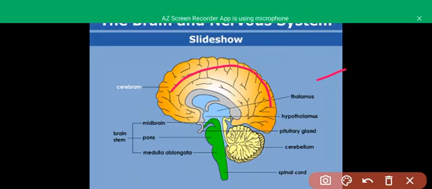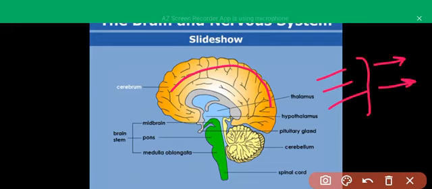It also controls the activity of skeletal muscles, like many of our self-controlled activities. It also helps in the poorly understood process that we call thinking.